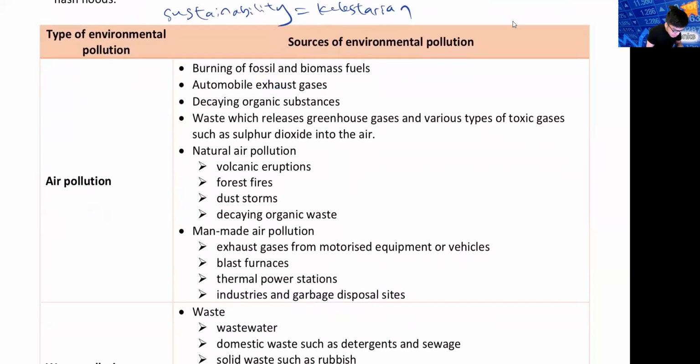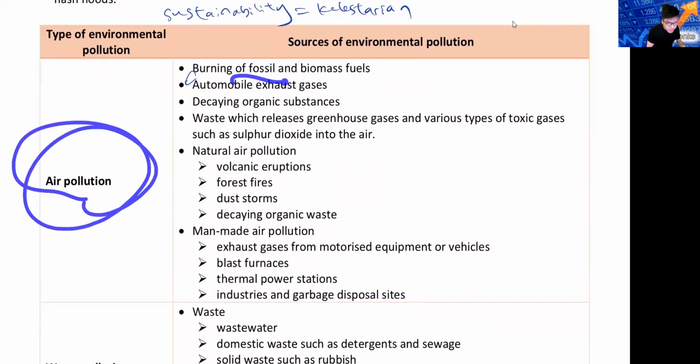These two are actually the same point. Decaying waste releases greenhouse gases and various types of toxic gases such as sulfur dioxide into the air. This is the same thing also, because greenhouse gases come from burning fossil fuel. The majority of our air pollution comes from burning of fossil fuel.